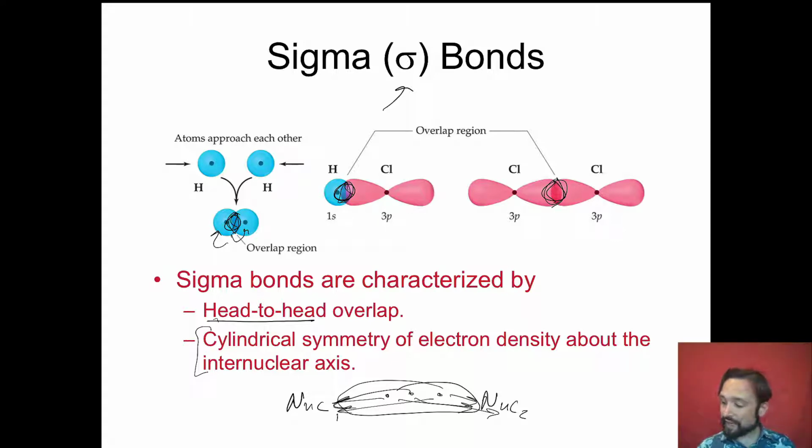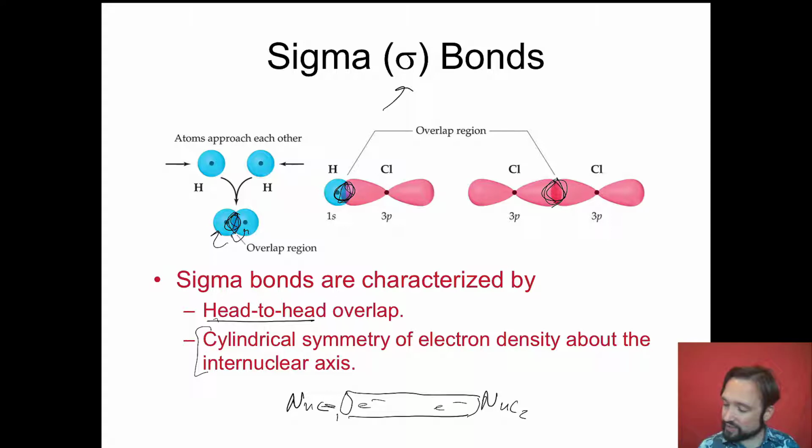So you can imagine that I've got this cylinder, because again, we're really in 3 dimensions, where these electrons want to exist to form that first bond. My electrons all exist in here between these 2 nuclei, and that's what the sigma bond is going to give us. It's going to give us a fairly large amount of overlap so that the electrons get to be close to both nuclei.